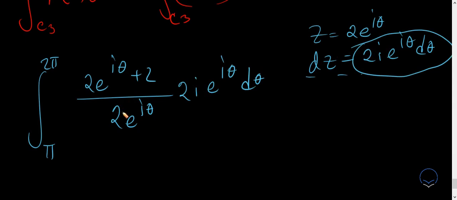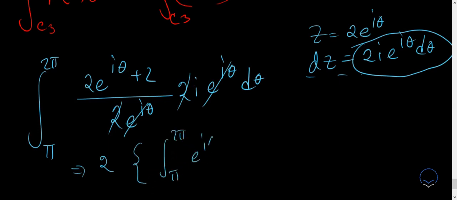You can see that these parts cancel each other out. There is a 2 over here, you can factor it out, and finally what you have is the integral from pi to 2 pi of e to the power i theta d theta plus the integral of d theta from pi to 2 pi.